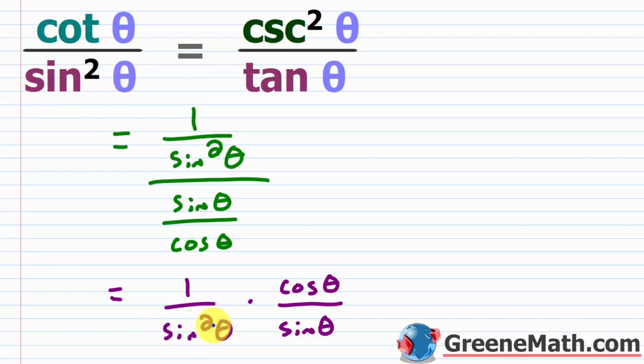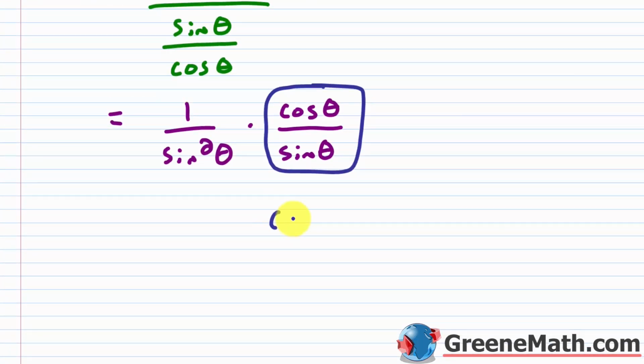Well, I have sine squared theta here. This right here, if you really think about your reciprocal identities, remember cosine of theta over sine of theta is cotangent of theta. So I can replace that with cotangent of theta, okay, so I can put 1 over sine squared theta like this, multiplied by cotangent of theta, okay, and basically we're done, right?